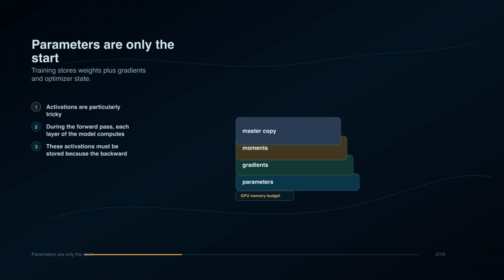Now let's turn to compute. We've discussed counting flops in previous lectures, but here we focus on why compute is expensive in practice, not just in theory. The dominant cost is matrix multiplication, but not all matrix multiplications are equally efficient. During training, we process batches of sequences, performing large matrix multiplies that fully utilize GPU tensor cores.